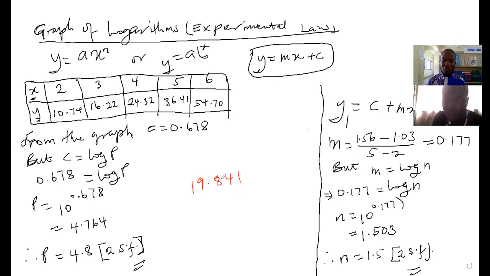So this is the first decimal place, right? And this is the second. This is the third. So that means we are ending here. And this value is 4, because 4 is smaller than 5. So our answer is 19.8. Our Y is 19.8.